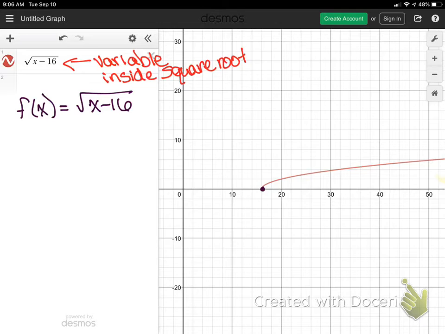So it's important that you realize that. Here, 0 is okay, but negative numbers are not okay.